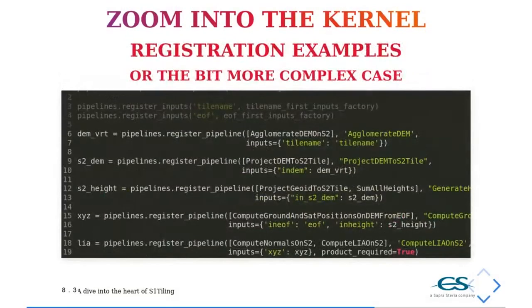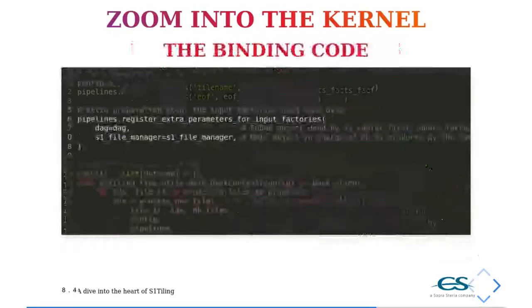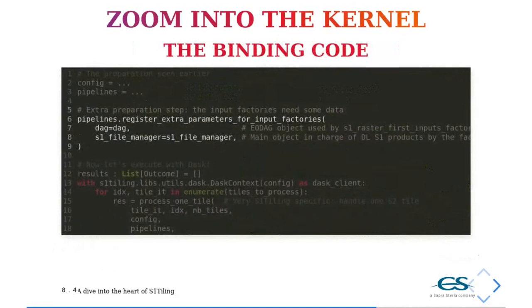This is how I describe the processing I want to do. Now, if I want to use it in my own Python application, I will have to register the parameters for the input factories. Because, okay, I want to download Sentinel-1 products, but how do I download them?